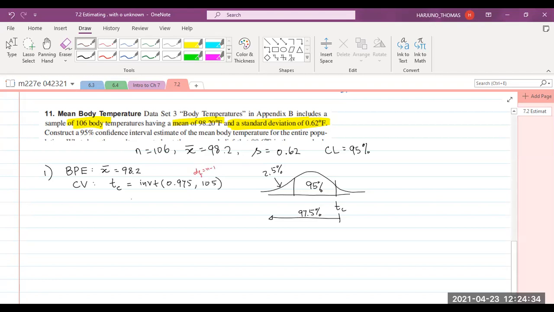Step 2, the T critical therefore equals inverse T, where 0.975 is the area to the left, degrees of freedom 105. I get 1.98282.